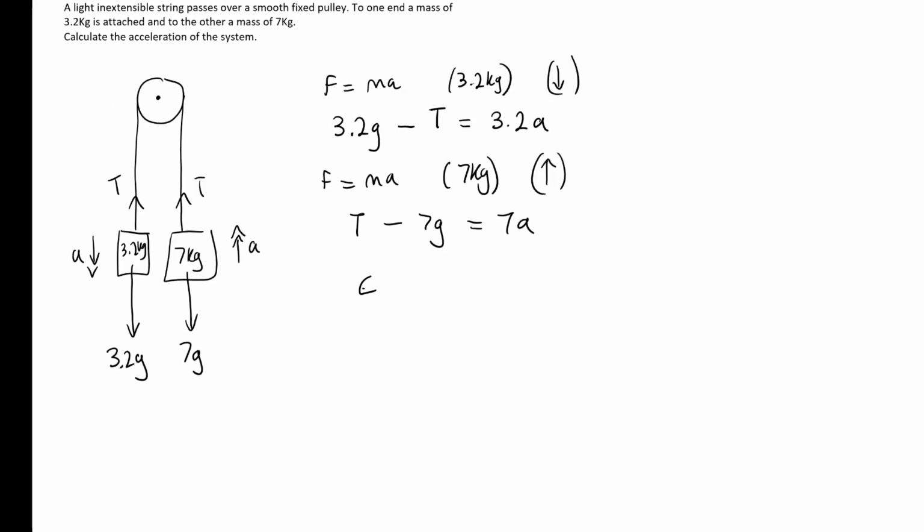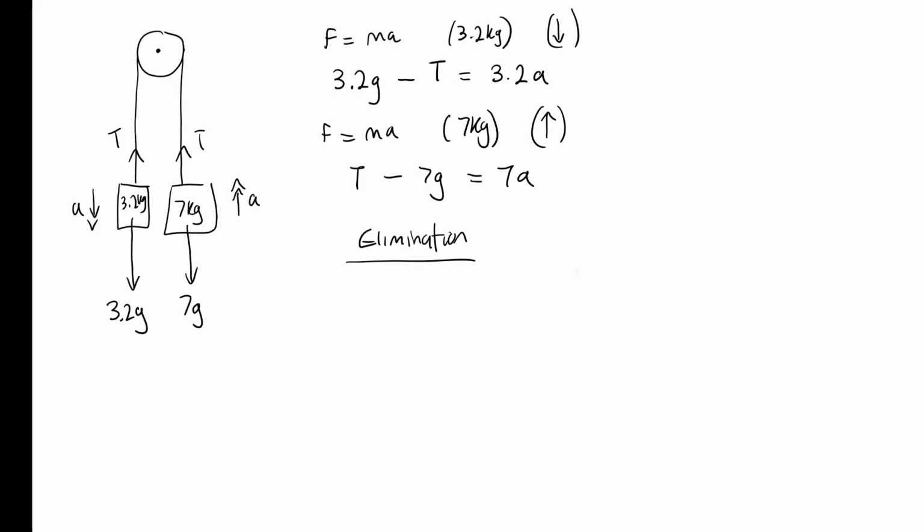Then we'll deal with this via elimination first. So here's equation 1, there's equation 2. You'll find again and again with these problems that if you add equations 1 and 2 together, you'll get rid of T, because one of them has T acting negatively and the other has T acting positively. So when you add those, you get minus 4.2g on the left, and you get 10.2a on the right.